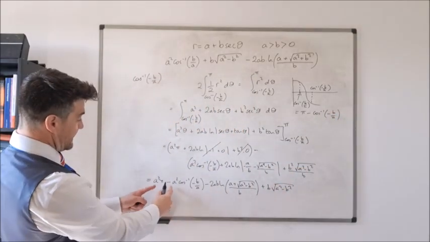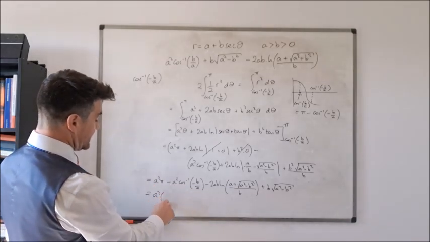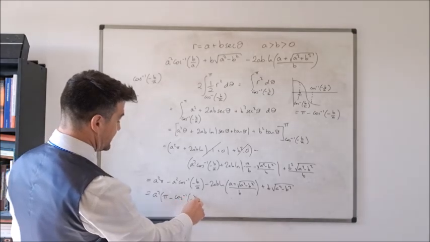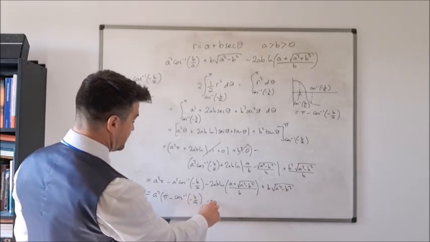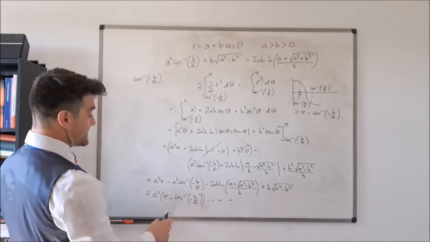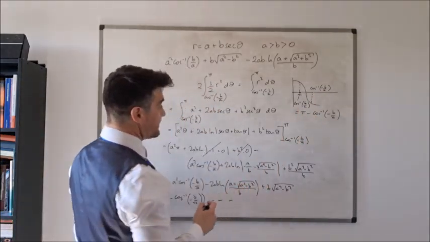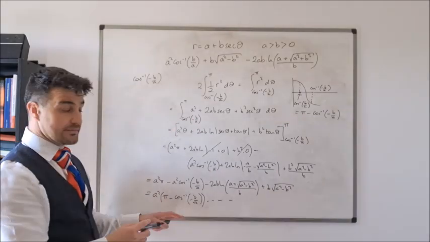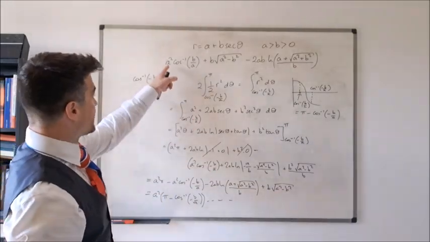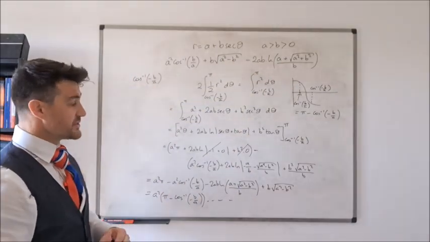Well, that's what I've got here. If I take the a squared out as a common factor, I'm going to have a squared pi minus inverse cos minus b over a with all of the rest. Replace the pi minus inverse cos minus b over a with just cos inverse b over a. And that will give me the value that I'm looking for, the area. And that is a complete solution to this problem.